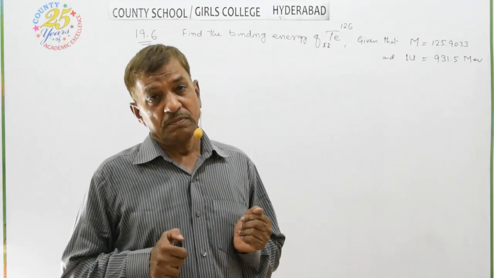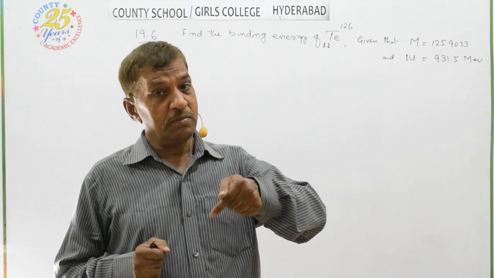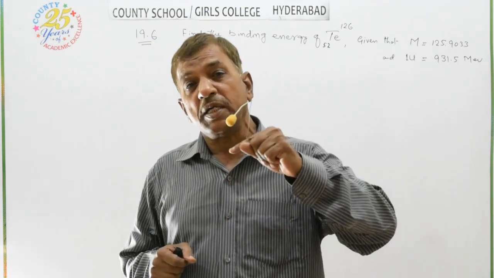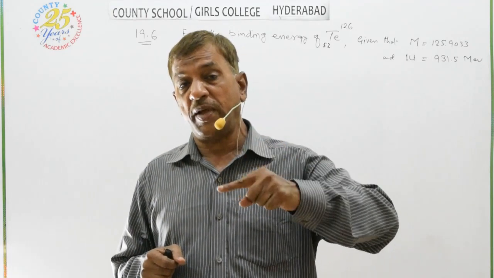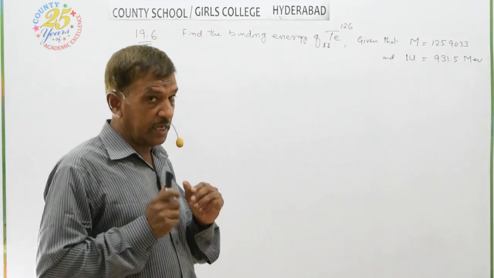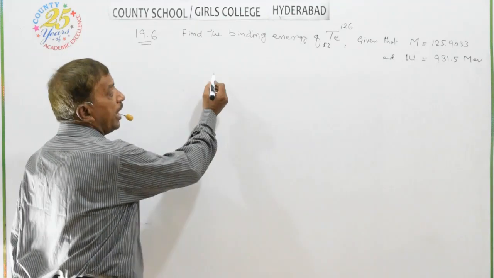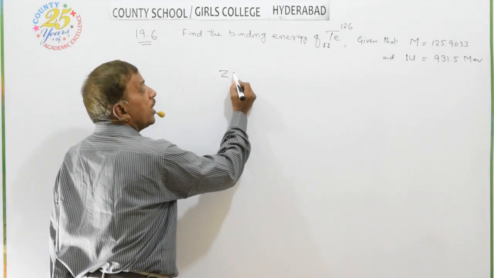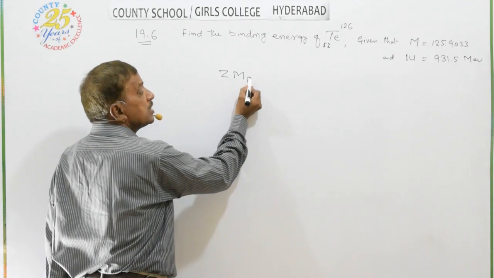The more nucleons are added in the nucleus, the more mass defect per nucleon decreases. I again repeat that. Suppose we have Z protons in the nucleus and one proton has mass mp.